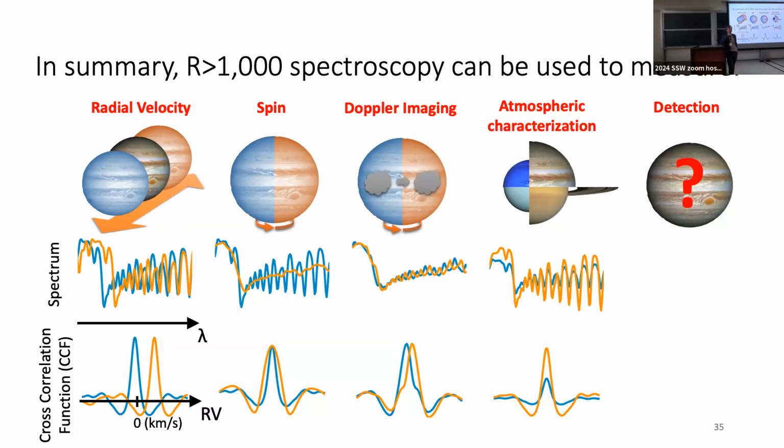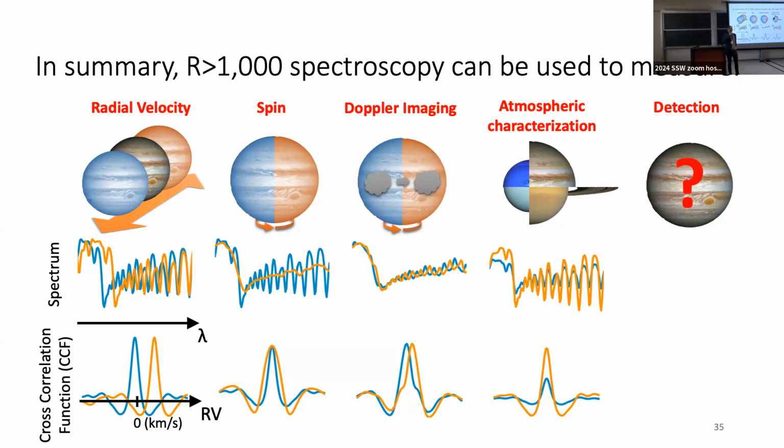Last question, please. When you're trying to measure the spin of an exoplanet, do you have systematics from different lighting from the star on one side of the planet versus the other that could masquerade as a radial velocity? So you mean the contamination from the stellar spectral features? Yeah, so the stellar light hits one side more than the other.